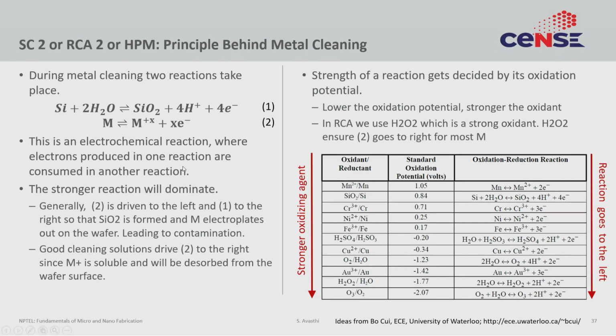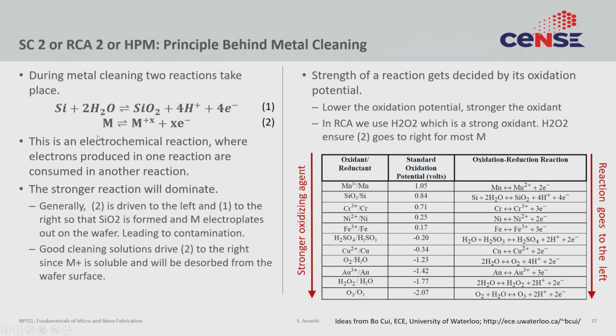In general, if you do not have any other reagent in the solution, if you just have water, reaction 2 is driven to the left, which is that the metal plates out, and reaction 1 is driven to the right, which is the silicon oxidizes. That is because silicon has a tremendous tendency to oxidize. So, silicon wants to oxidize, and that forces the metal to reduce, which is why you actually get contamination.